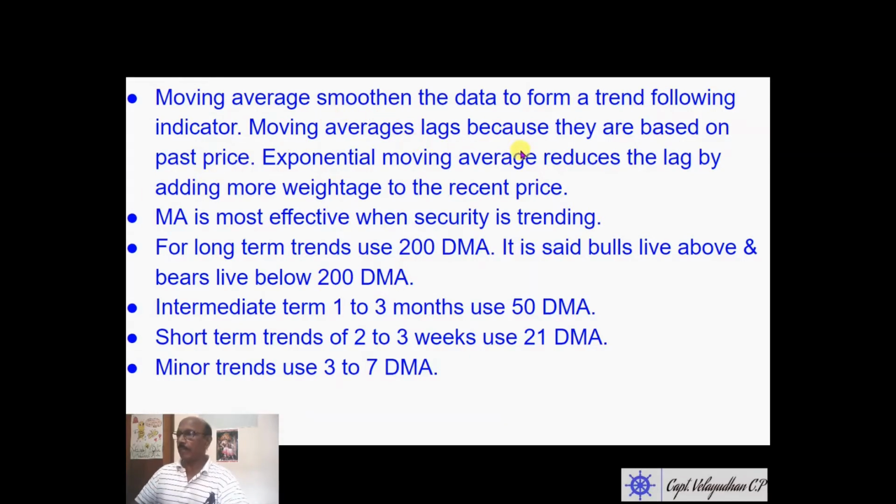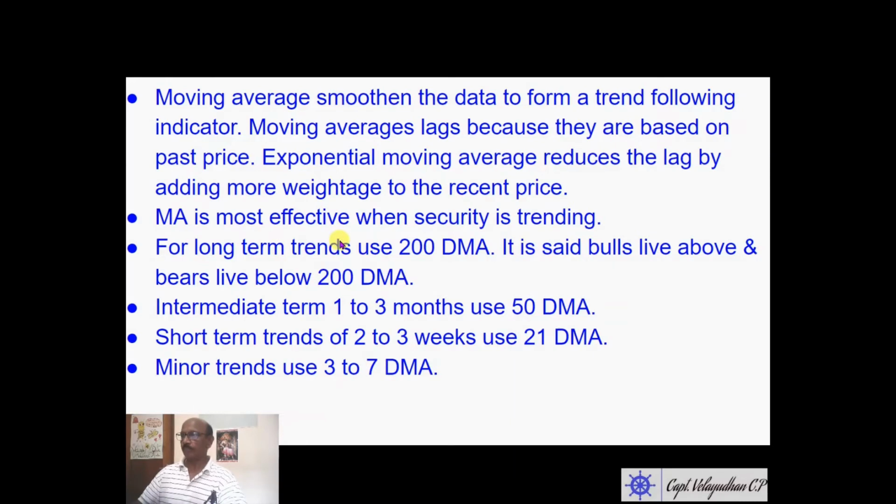Moving average lags because they are based on past price. Exponential moving average reduces the lag by adding more weightage to the recent price. That's why we notice that exponential moving averages lie more close to the price.